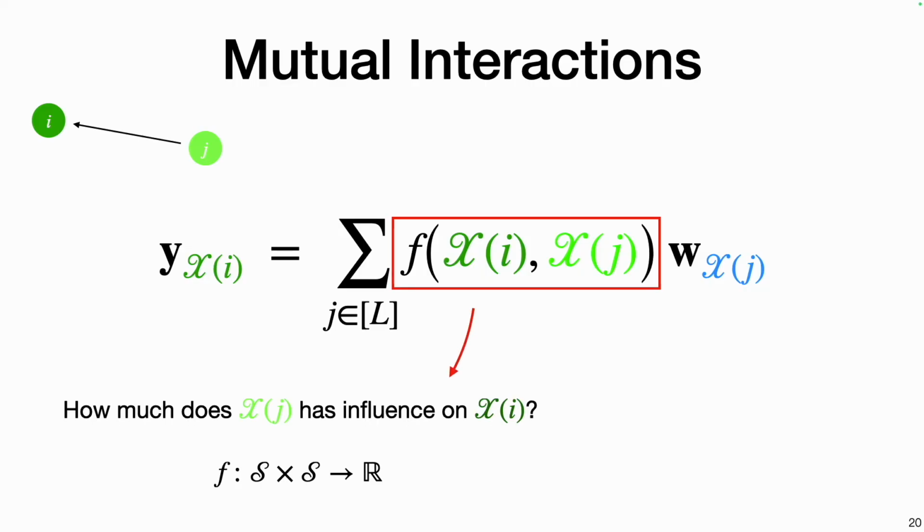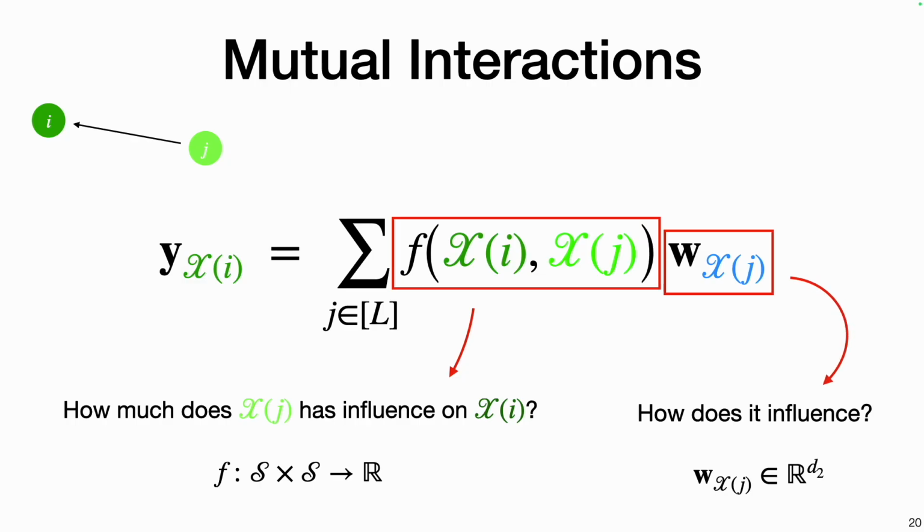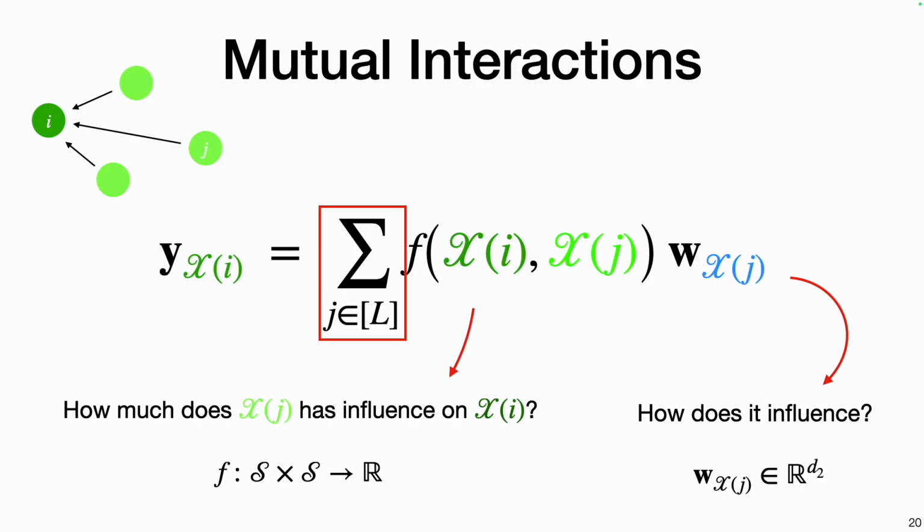In this expression, the f function you see here represents how much the jth entity has influence on the ith entity, which is a scalar. The bold w you see represents how it influences. And summing over all the entities, we see the aggregate influence of all the other agents on the ith agent. We believe that this is the most fundamental equation that self-attention captures and the equation that explains self-attention.